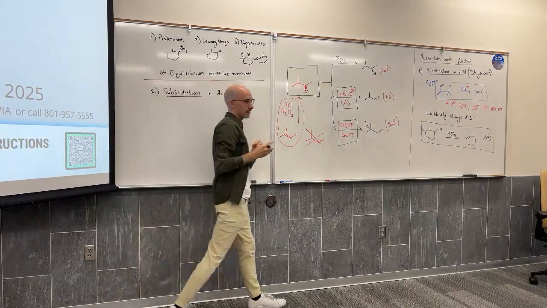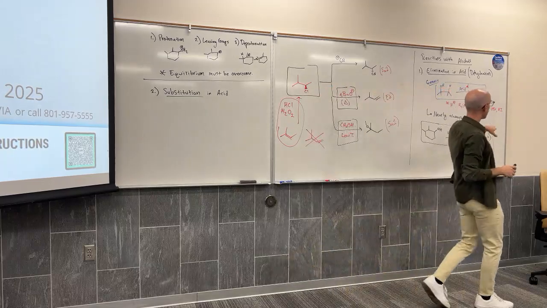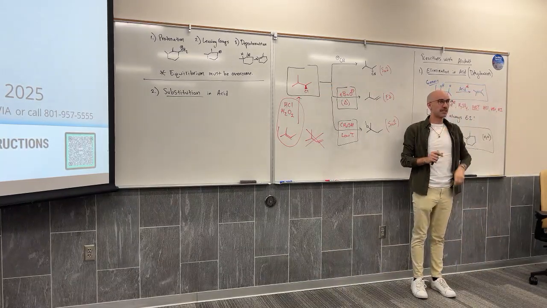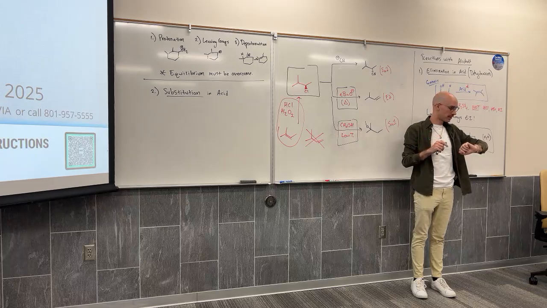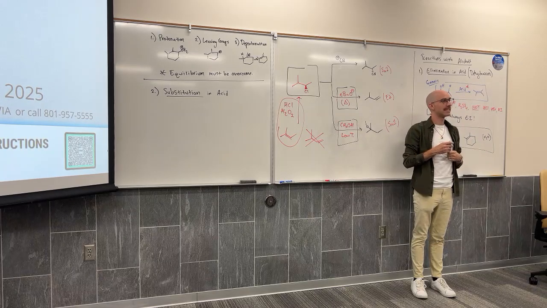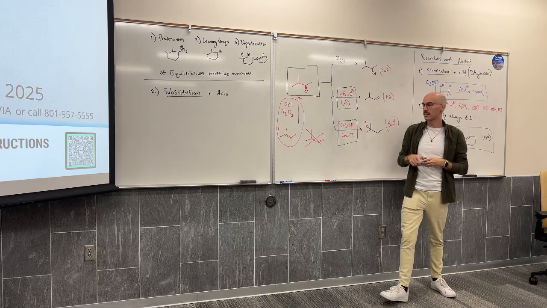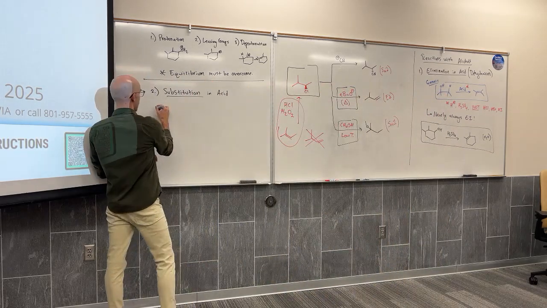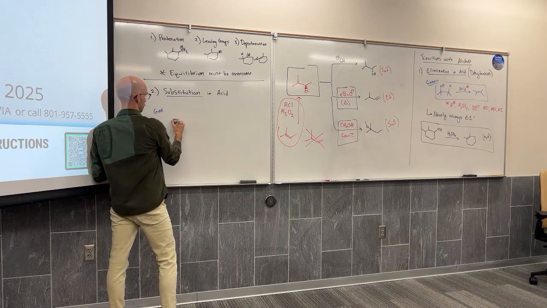Now, one of the reasons that we can't use HCl, HBr, and HI is because alcohols can also be substituted in acid. This is where the acid is an HX reagent.